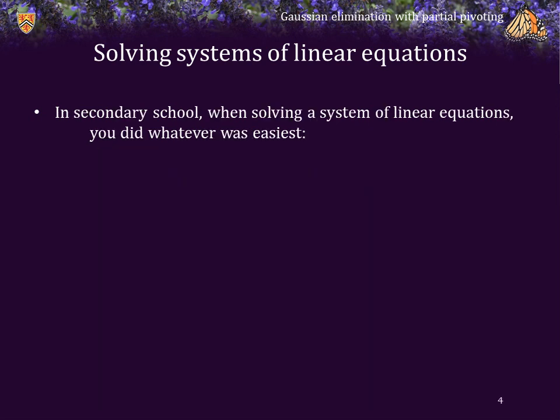Now, in secondary school, when solving a system of linear equations, you did whatever was easiest. Suppose that you were given the following system of linear equations. Easy enough. At this point, at least in this course, what you'd actually do is convert this back into a matrix.